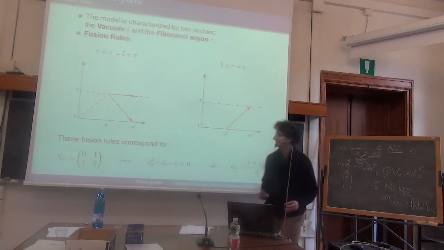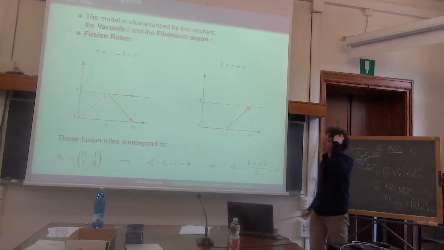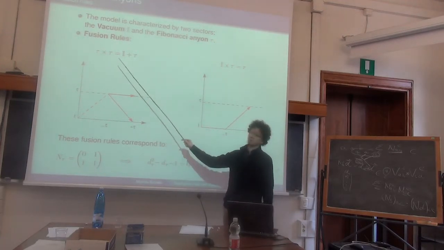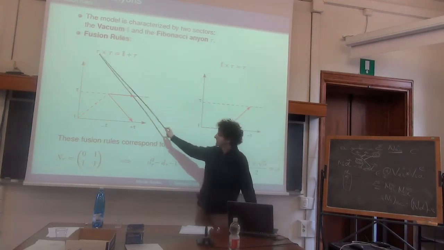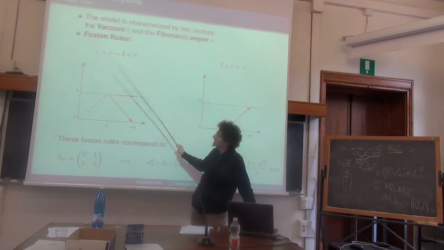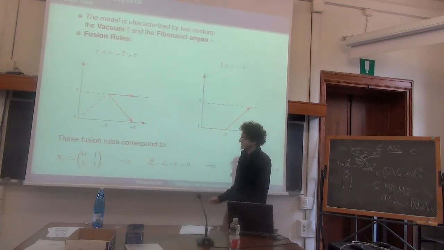So, let us try to understand this structure in the case of Fibonacci anions. The Fibonacci anions have these non-abelian fusion rules that tell me that two Fibonacci anions may either annihilate and give me the vacuum or give me overall the same charge of a single Fibonacci anion.